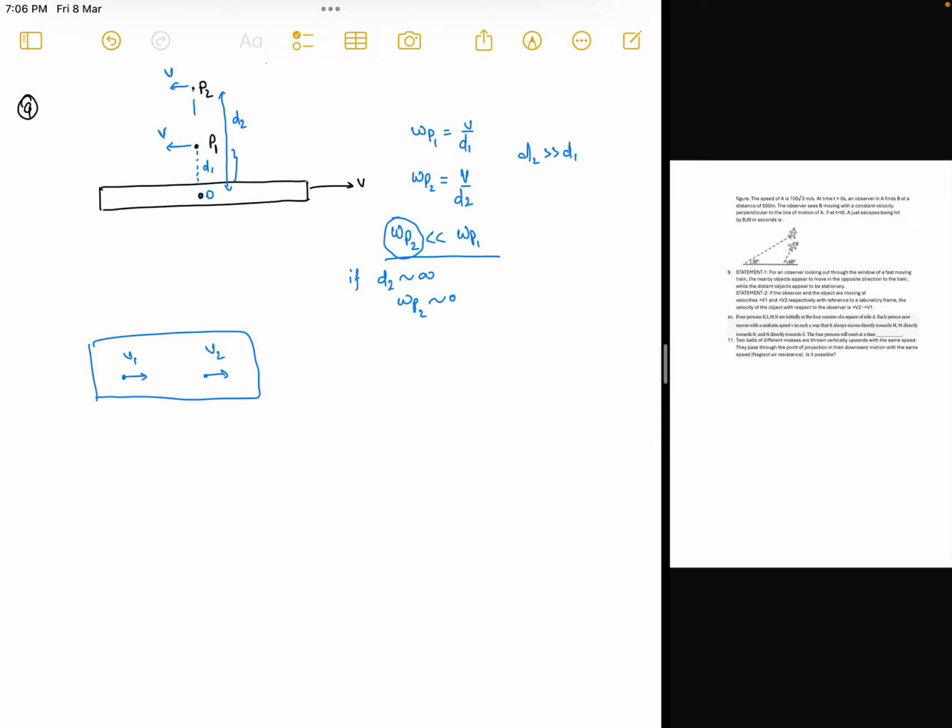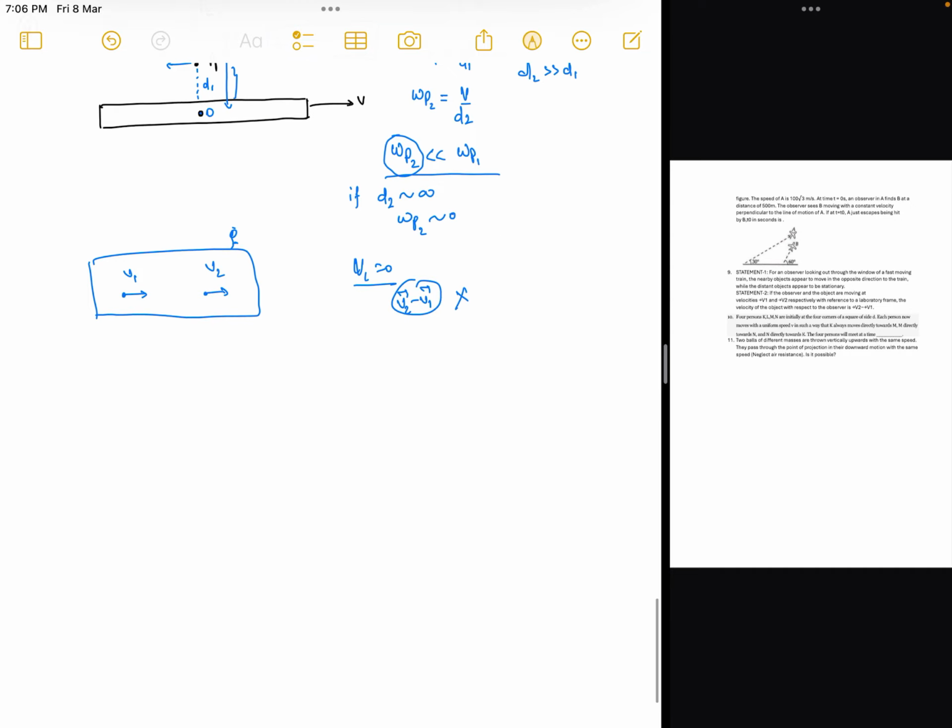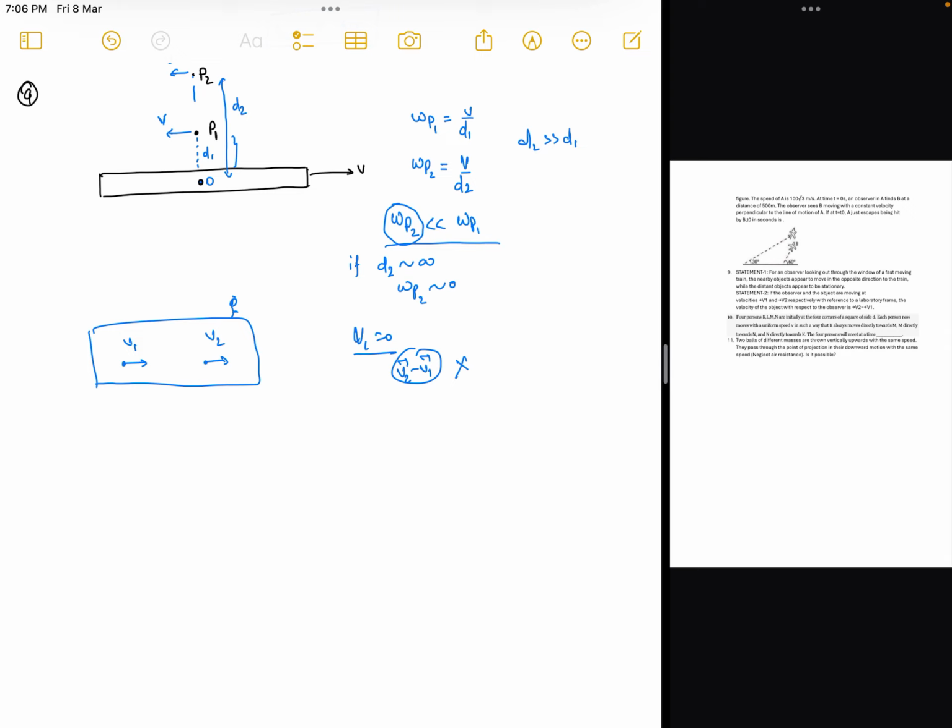No, our observer is sitting here in the laboratory frame, so velocity will not be equal to that, because laboratory is at rest. So velocity of laboratory is 0, so we cannot say that the velocity of the object with respect to the observer is v2 vector minus v1 vector. So it is incorrect. Velocity will be the same only, since the laboratory is not moving.